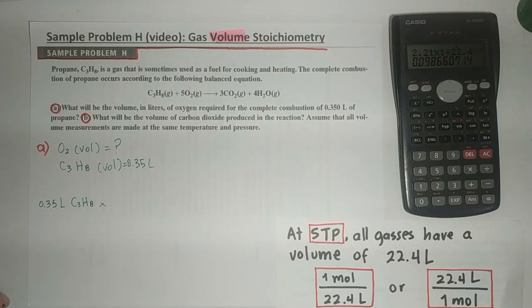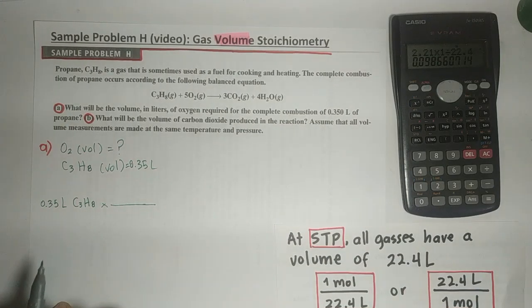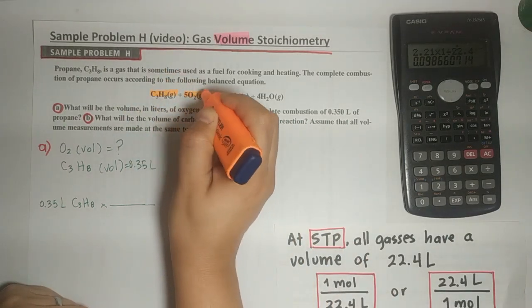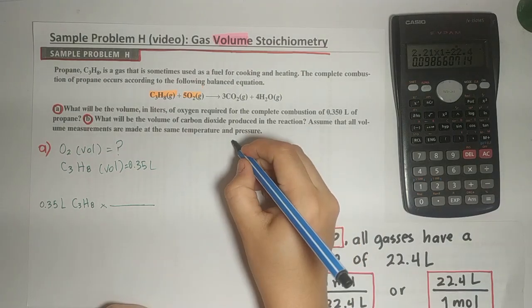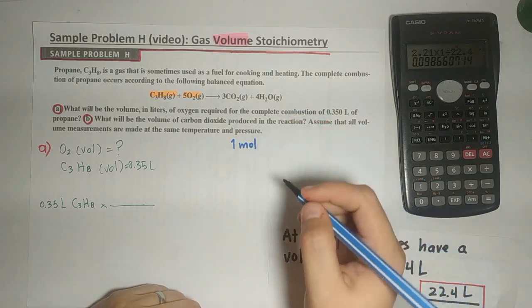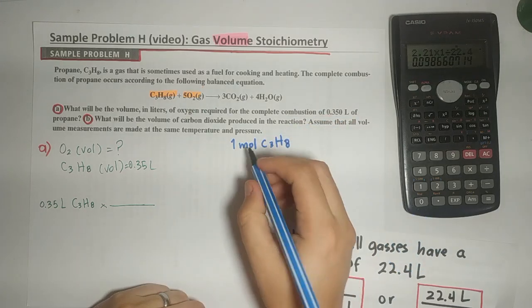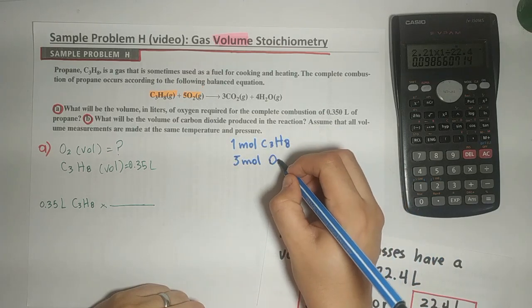Now, I want to know my liters of oxygen. So I will relate propane and oxygen. So the molar relationship that we have over there is in 1 mole C3H8 we have 5 mole of O2.